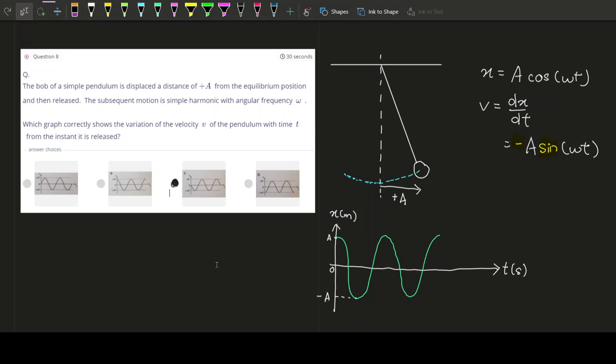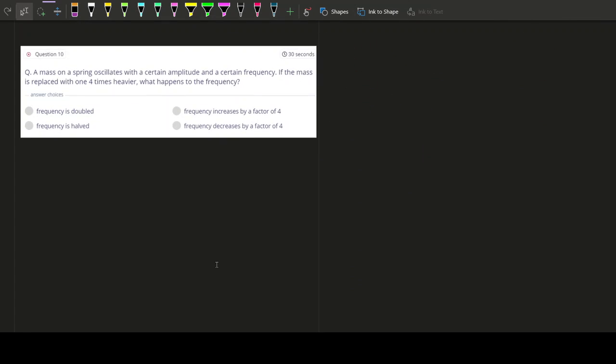Let's move on to the next question. Question 10 says a mass on a spring oscillates with a certain amplitude and a certain frequency. If the mass is replaced with one 4 times heavier, what happens to the frequency?